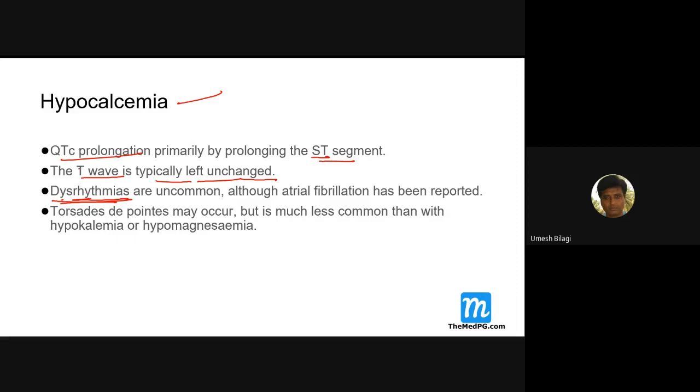Although there is prolongation of the QT interval, this is only due to the ST segment increase. There can be torsades, a severe form of ventricular arrhythmia. Torsade de Pointes can happen, but very rarely, unlike in hypokalemia, where it is more common. In hypocalcemia, although there is QTc prolongation, they are not prone to that many ventricular arrhythmias.